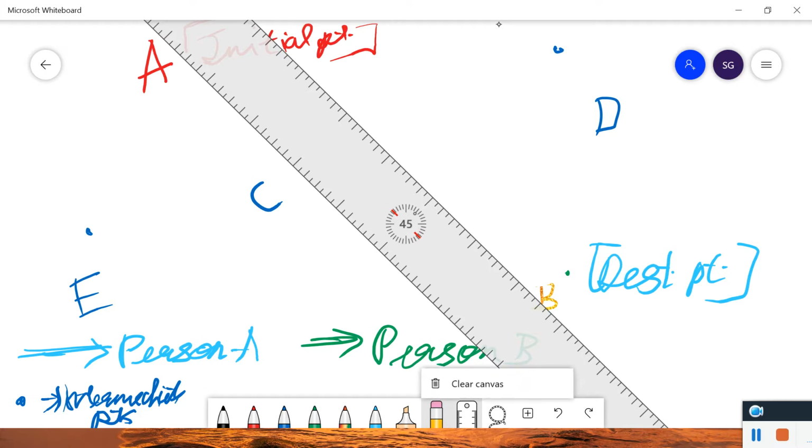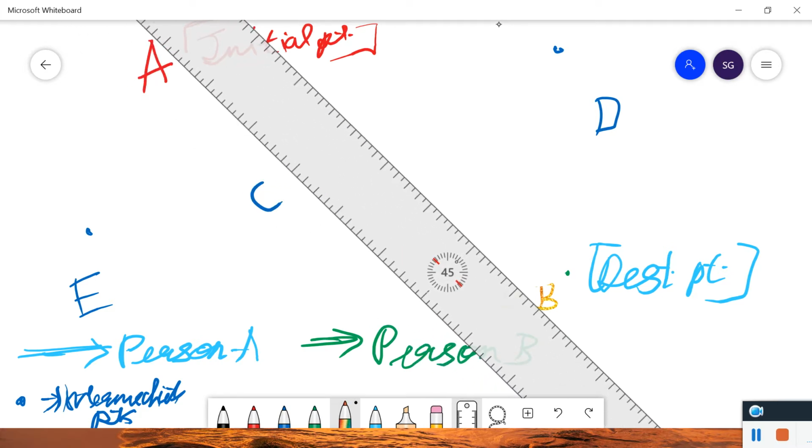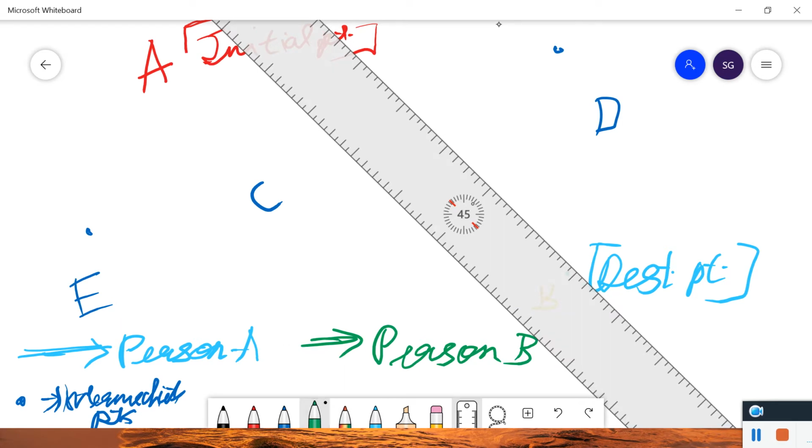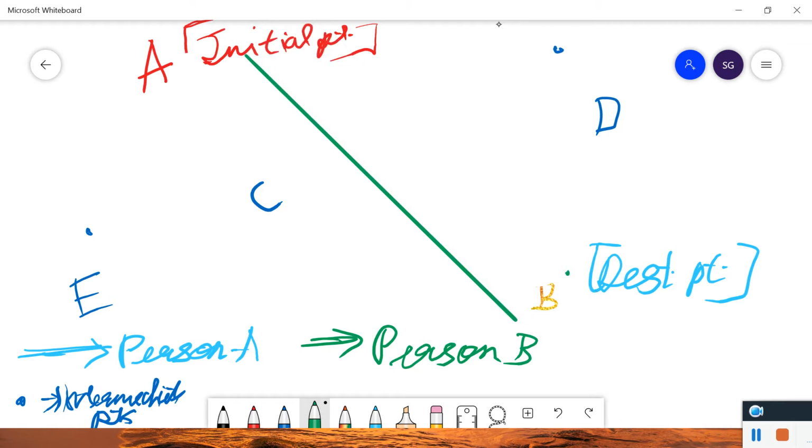It is doing some issues, no issues. This is point B. So person A has followed this.